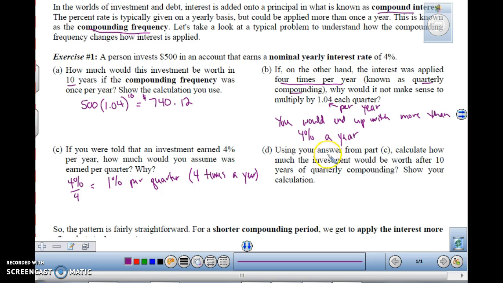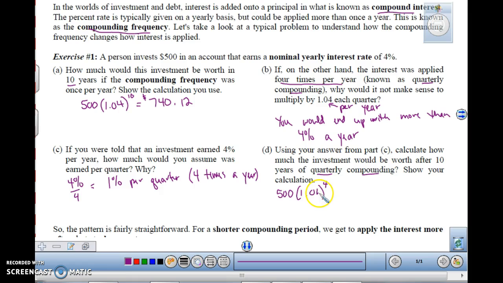So, using your answer from part C, calculate how much the investment is worth after 10 years of quarterly compounding. All right, so instead of 4% per year, it'd be 1% every quarter. So it would be 500 times 1.01, but if it's done 4 times a year, it would be to the 4th power.